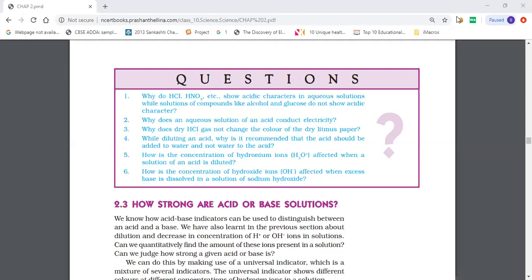Nanika, next question. While diluting an acid, why is it recommended that the acid should be added to water, not water to the acid? The acid should be added to water, as when water is added to acid, it creates a high amount of heat, and it might end up bursting the apparatus it's in.